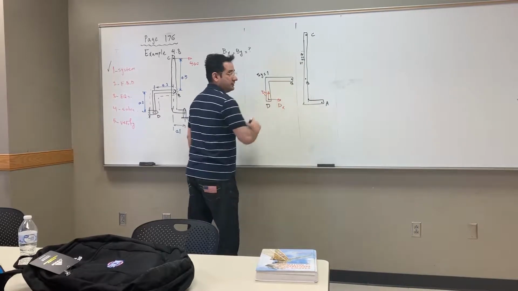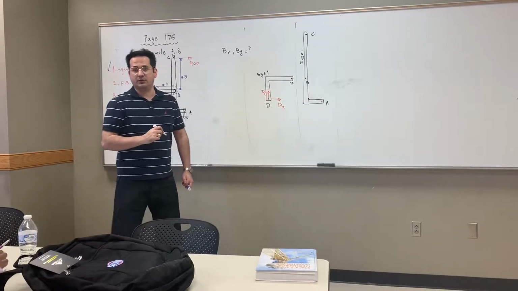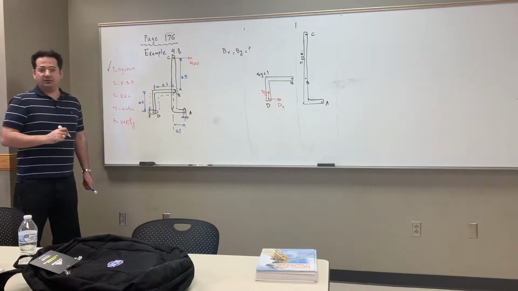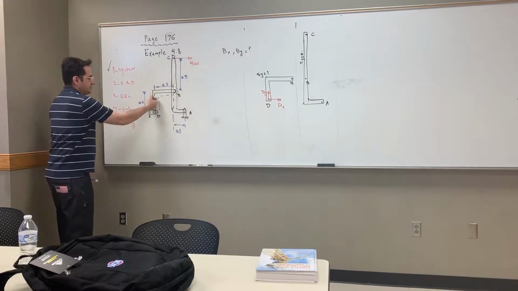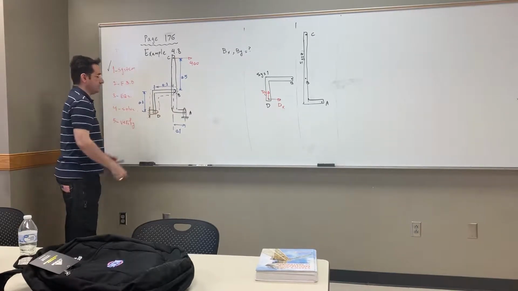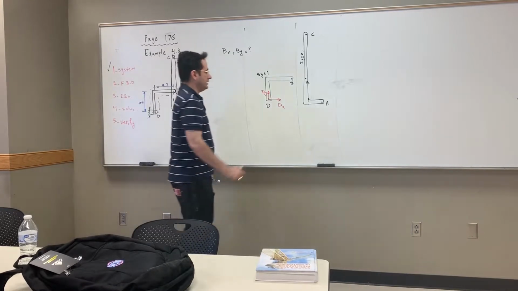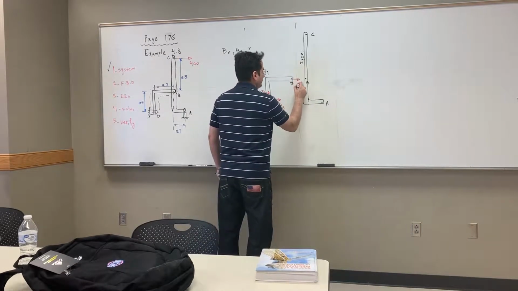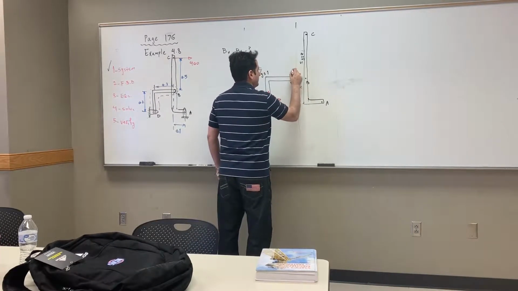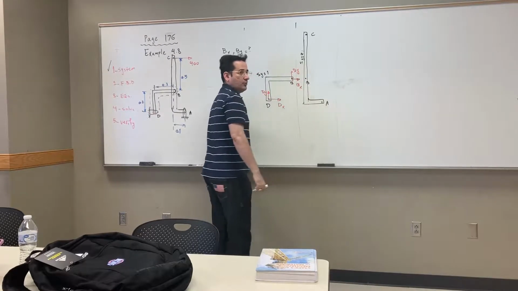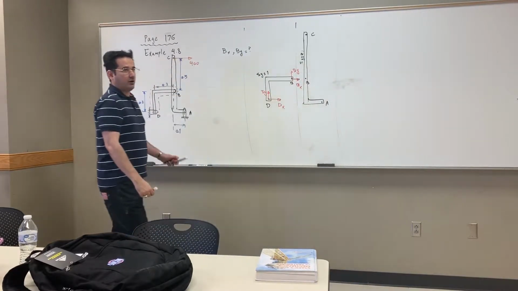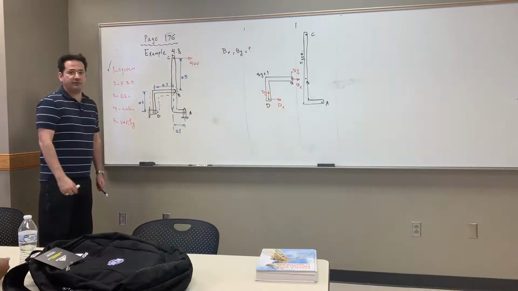Do I have a moment? No, because it's pinned. Friction is pinned. I can easily rotate it. Nothing is going to resist me. I come back to B. At B also, I'm going to have 2 forces, BX, BY, because it's pinned. No moment. And these are all possible surface forces.